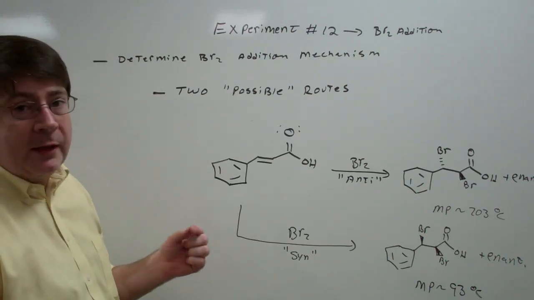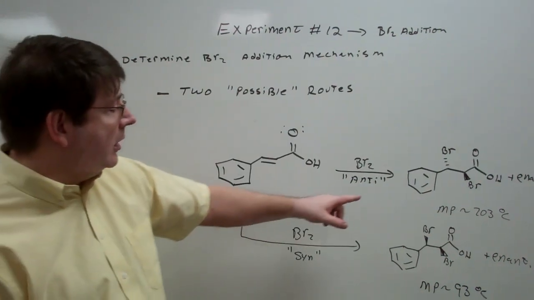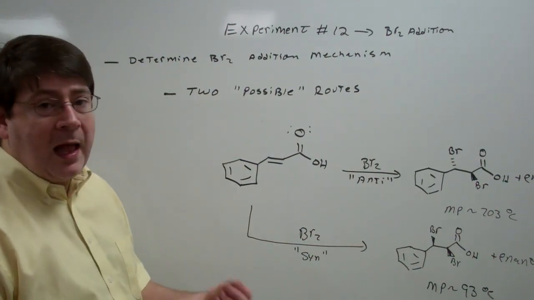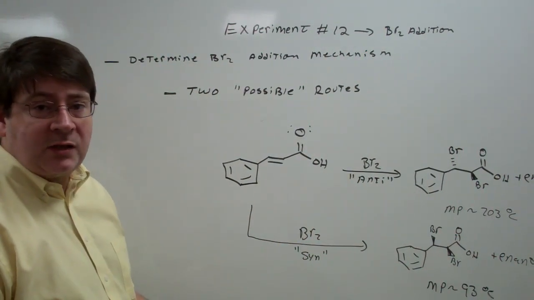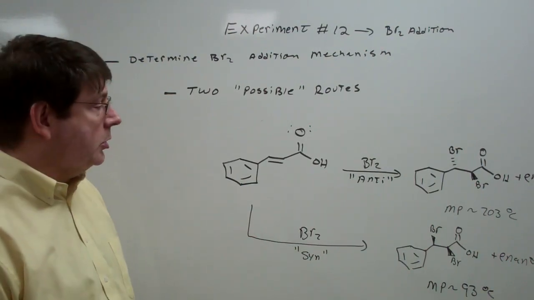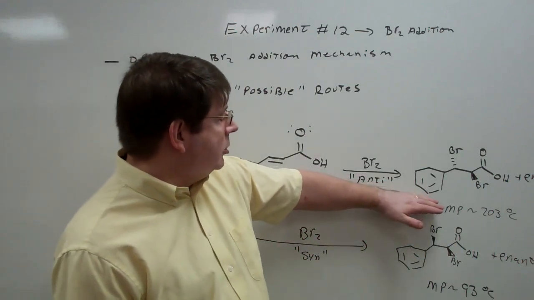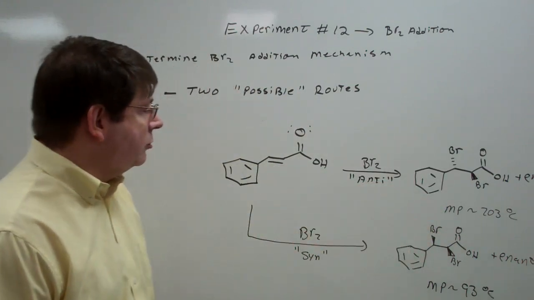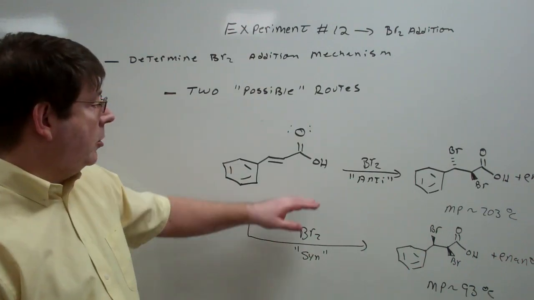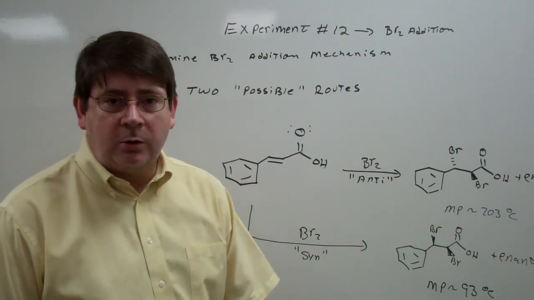It's very important to make sure that it is thoroughly dried before you get the melting point, because recall from previous labs, if you have contaminants, that's going to depress your melting point and make it broader and more difficult to determine which one you have. So make sure your solid compound is dry before you load it into that melting point capillary and get your melting point. So good luck with it.